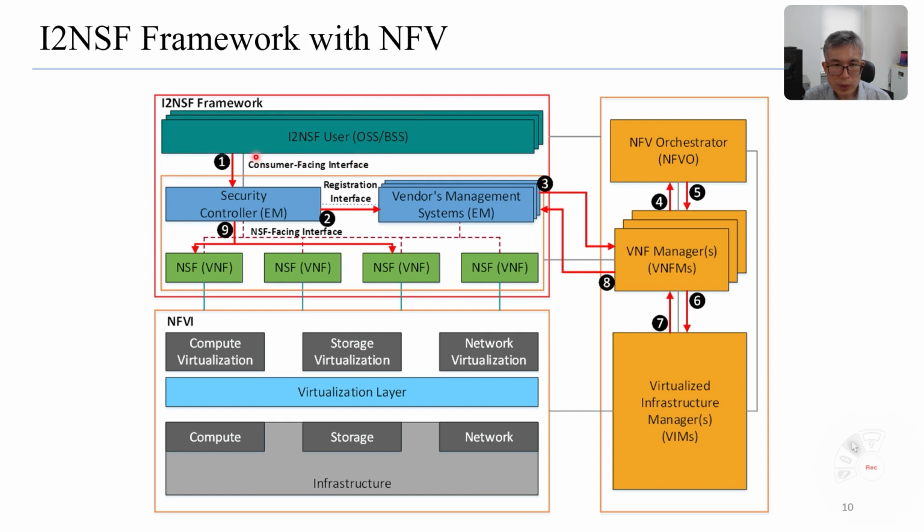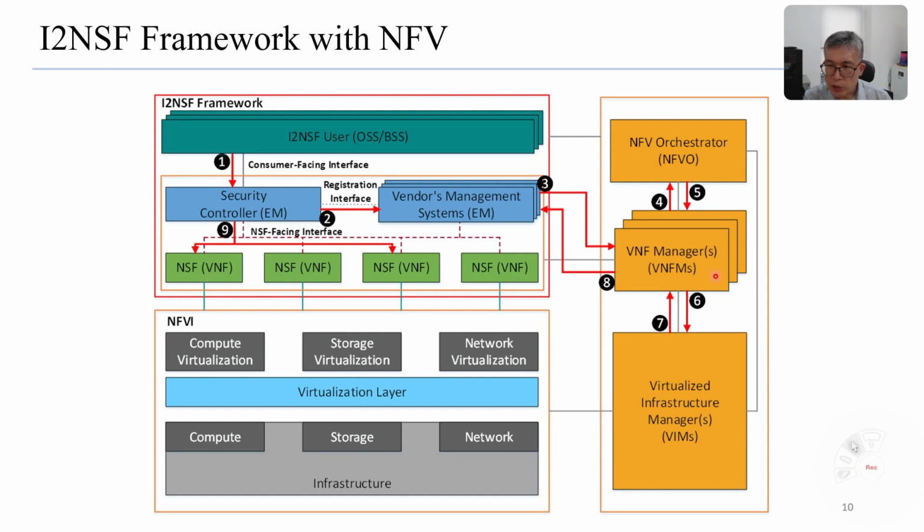On top is the dashboard, operating support system and business support system for the I2NSF user. The security controller and the vendor management system can be implemented over the element manager. Network security functions can be implemented over virtual network functions, VNF.